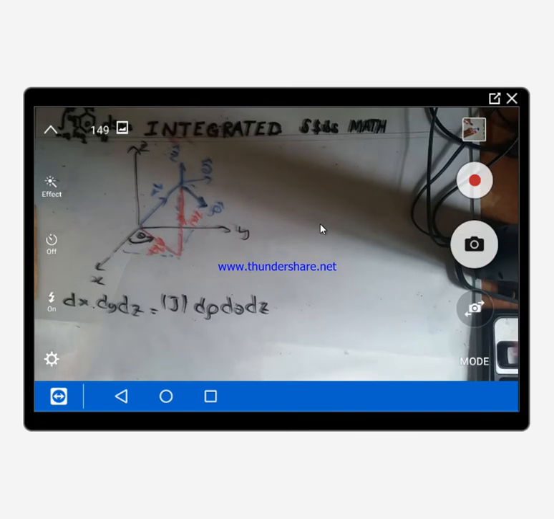Actually, I need a couple of videos to explain all these theorems, because there are a few things to be explained, especially the del operator related to the cylindrical coordinate system. That is a little bit complicated and should be derived step by step.